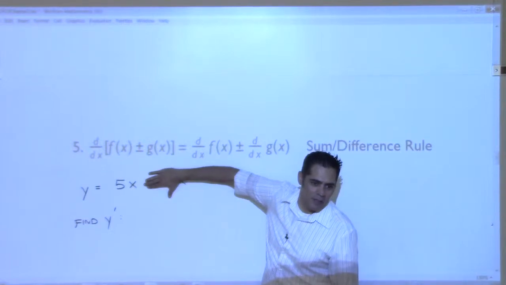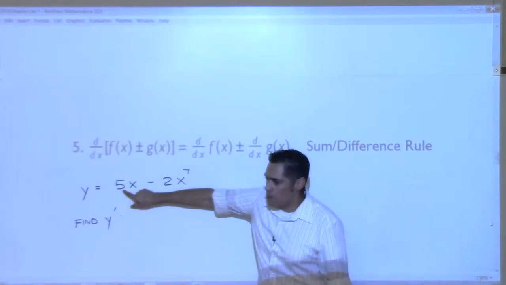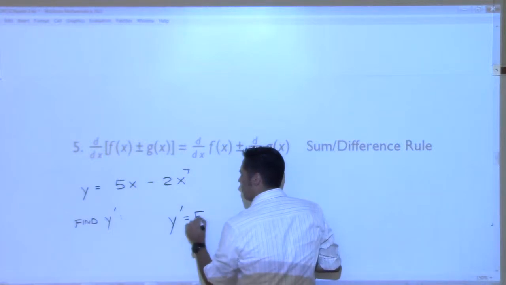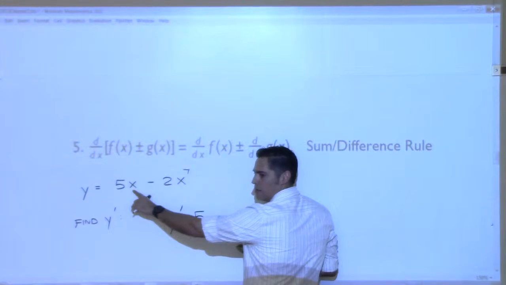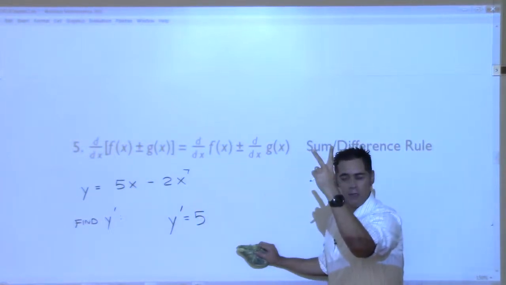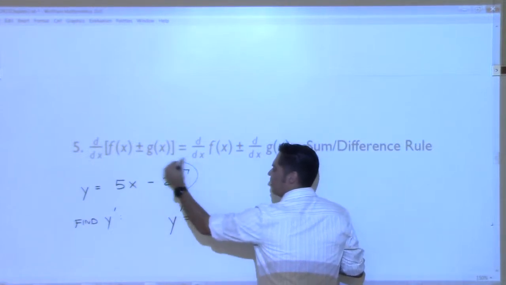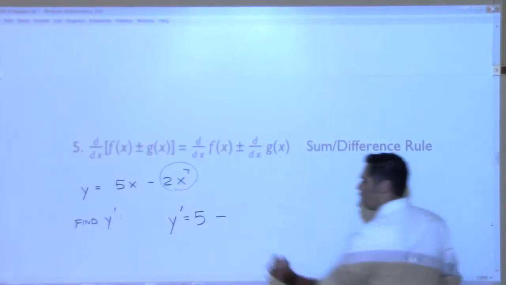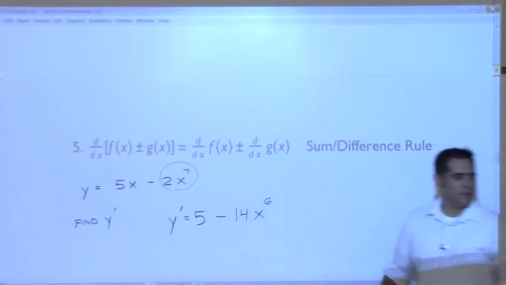This will be interesting to see. 5. Why is it just 5? Because the 5 will come for the ride. And what is the derivative of x? 1. We did that. That was the second rule I gave you. So the derivative of 5x is 5 minus, now what's the derivative of this one right here? So the 2 stays, but the 7 pops out. So that really turns into a 14, and then x to the 6th. And that's it. You're done.